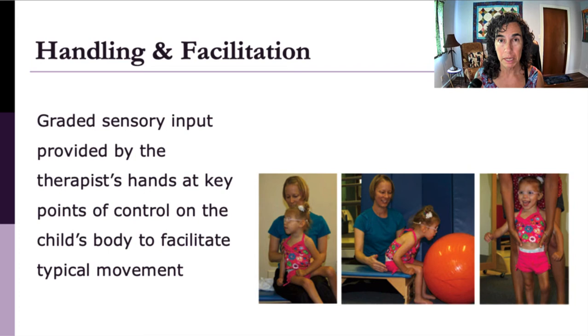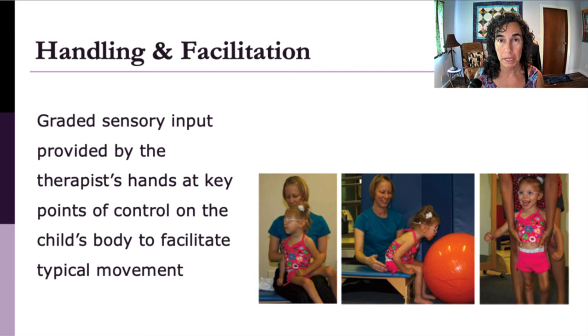So graded input, right? Tactile input, therapist's hands, key points. The hips and the pelvis are really key because it's our biggest joint, and everything revolves, if you will, around that key point. But also shoulders can be a good point to help facilitate movement from another large joint.